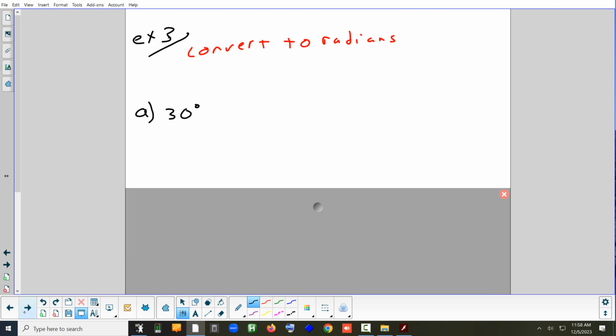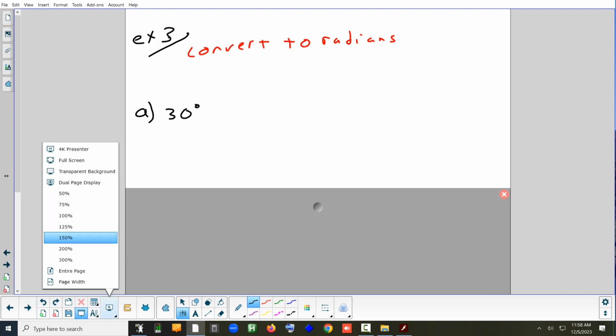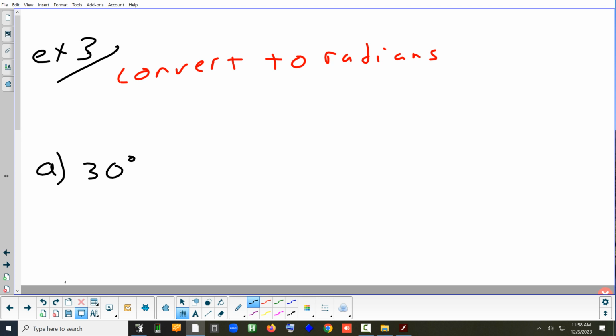Okay, let's try this. So convert to radians. Anytime you're converting between radians and degrees, it's either pi over 180 or 180 over pi. It's always one of those two. Think of it like this: 30 degrees. If you made it a fraction, what would it be? 30 over 1.